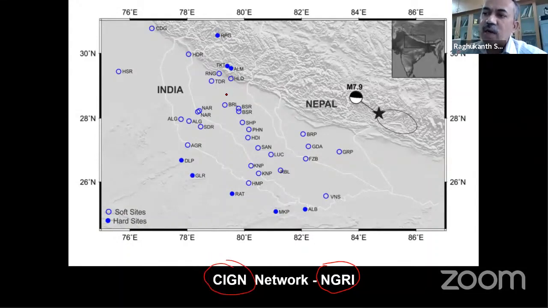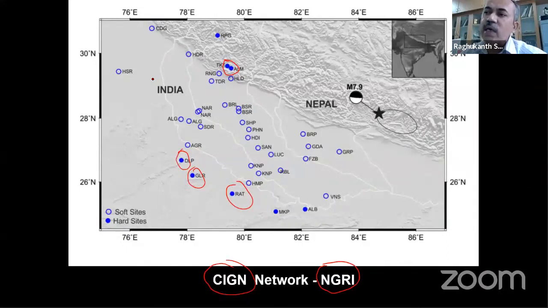Like you can see, several instruments have been put up. And then they have also instrumented the rock sites, where there is hard rock, like in the Shield region as well as in the Himalaya, to find out the amplification. And many of the stations are located in the basin, because the basin, as I showed you, has different depths. So they have instrumented this entire region.